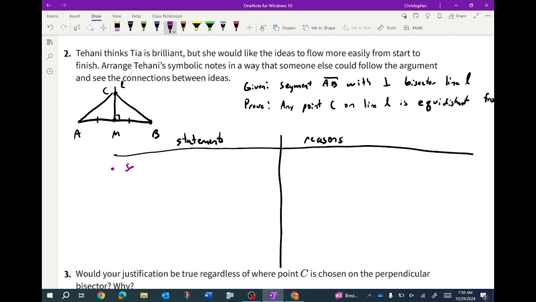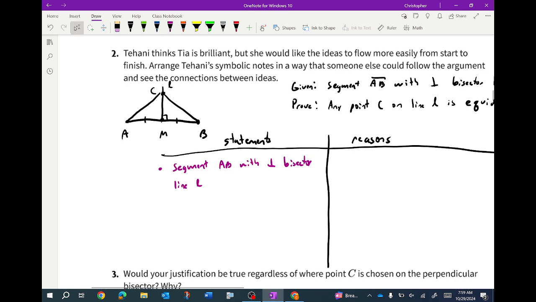So we're given segment AB with perpendicular bisector line L. Squeeze that a little bit.